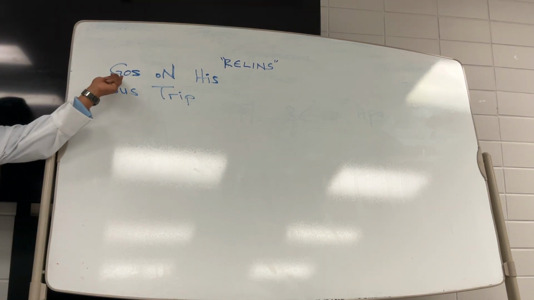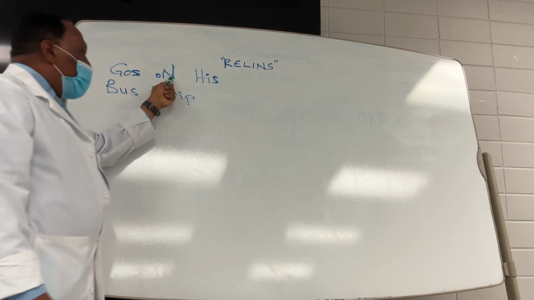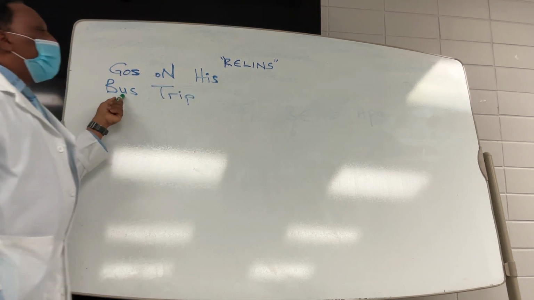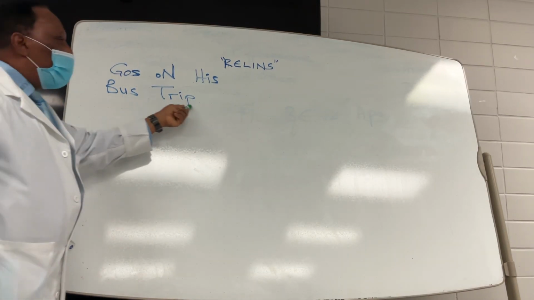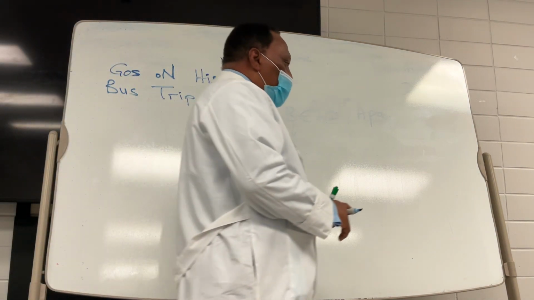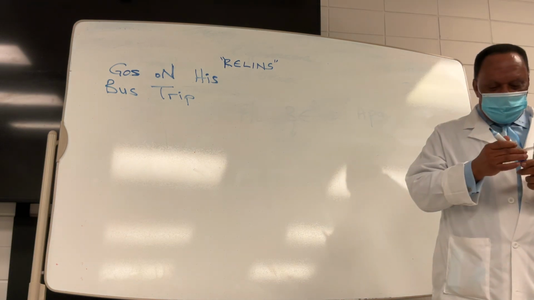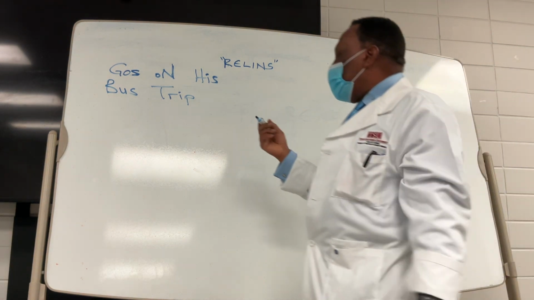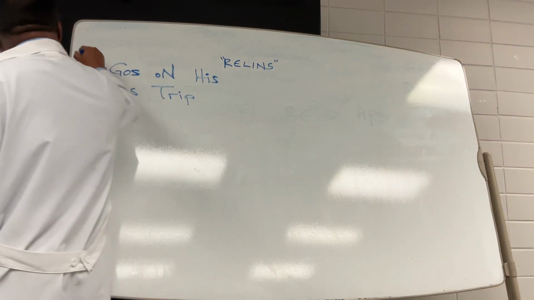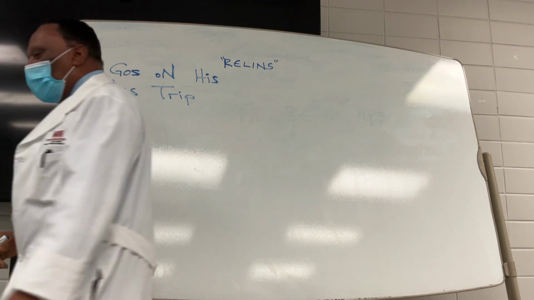Okay, goes to railing, naphthalene, hysterelin, bus railing, and triptorelin. All of those are your relins. And then who goes on his bus? Leuprolide.